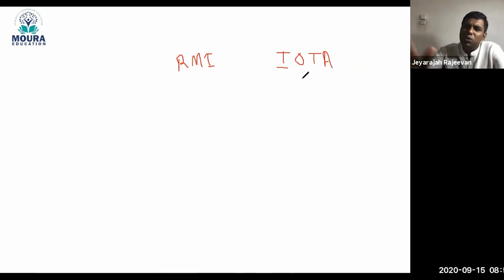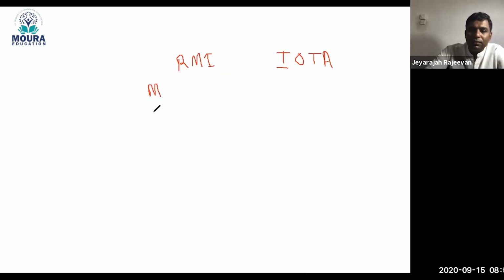You don't need to know what OVA is or how to calculate by OVA. You don't need to know what ROMA is or how to calculate ROMA. You don't need to know that. Okay, so you need to know what is RMI, what is IOTA. So what is RMI? The RMI is calculated from three components. What are those three components? Menopausal status.